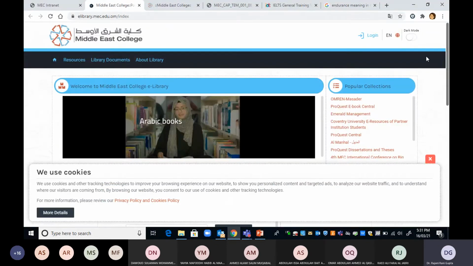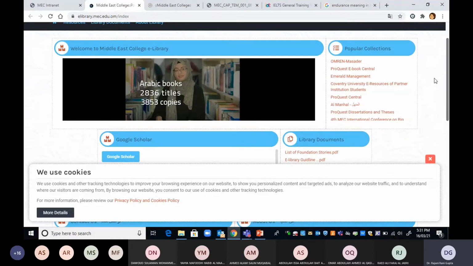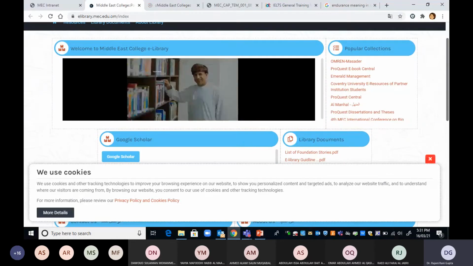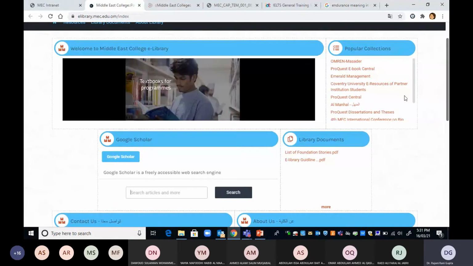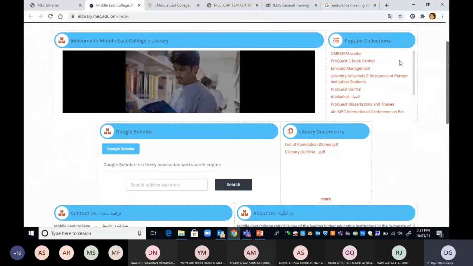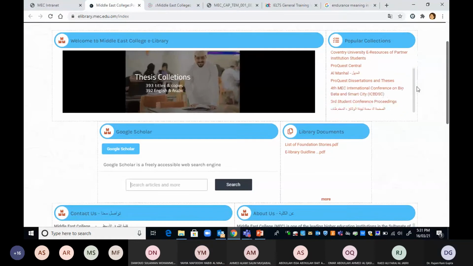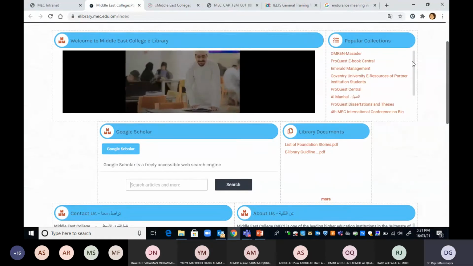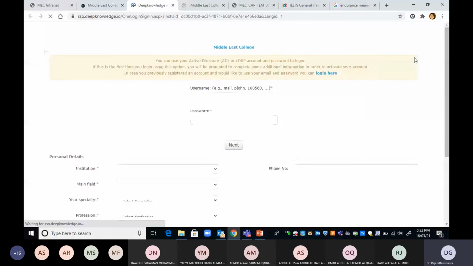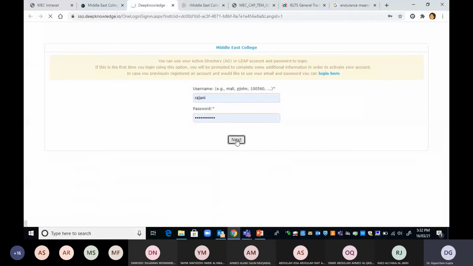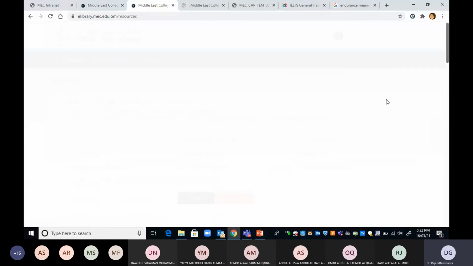If you type here ebook central, you need to log in with your username and ID, and then you can search the books as per your topic, not only for this module, for any module. So it is in ProQuest ebook central.